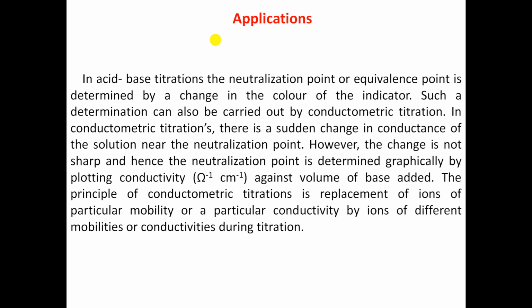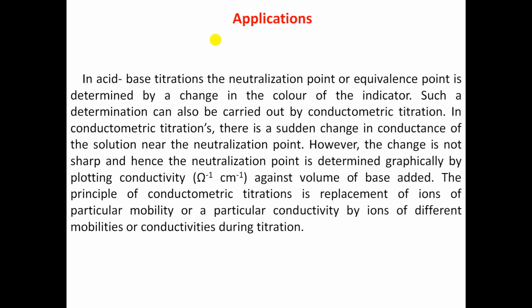In conductometric titration, the end point is obtained by the sudden change in conductance of the solution, which happens near the neutralization point. However, the point we obtain is not sharp. Therefore, the neutralization point is determined graphically by plotting the conductivity against the volume of base added.